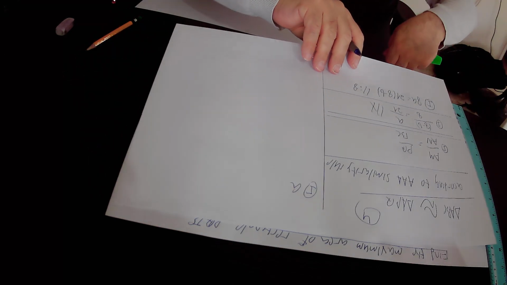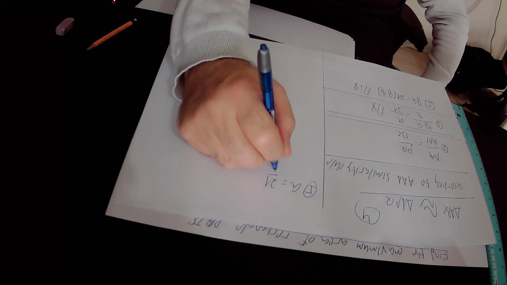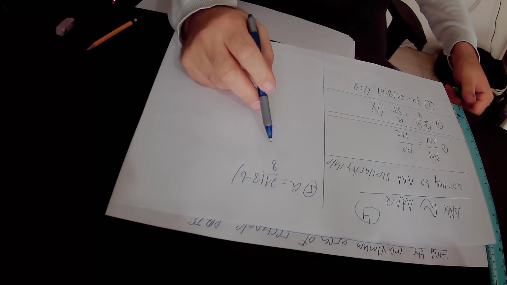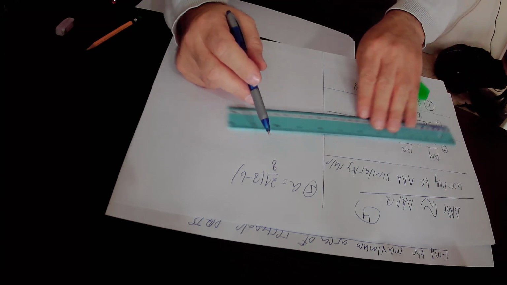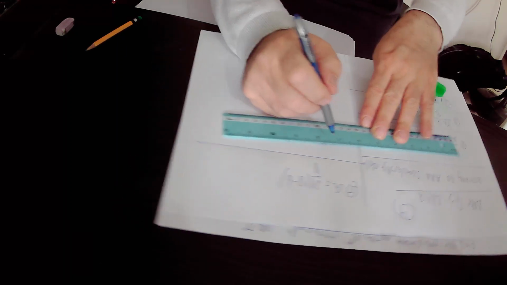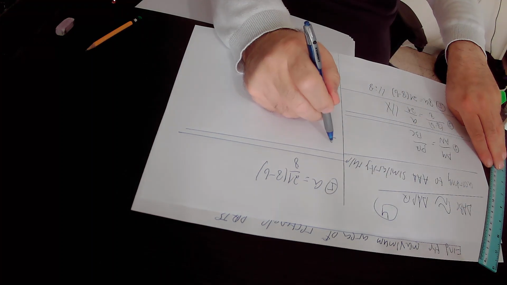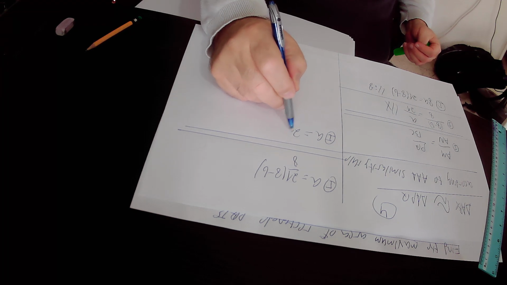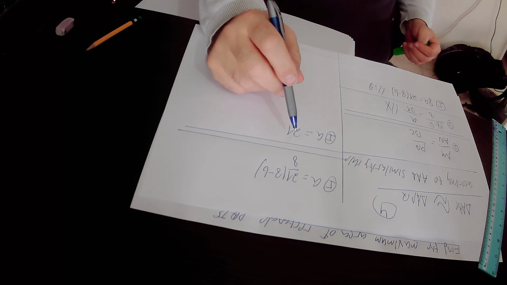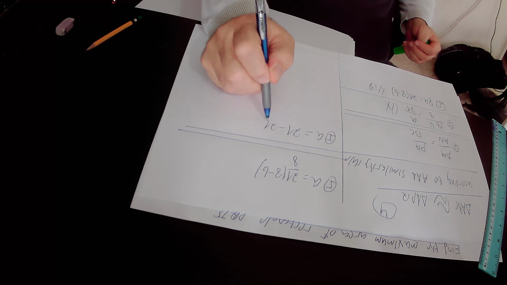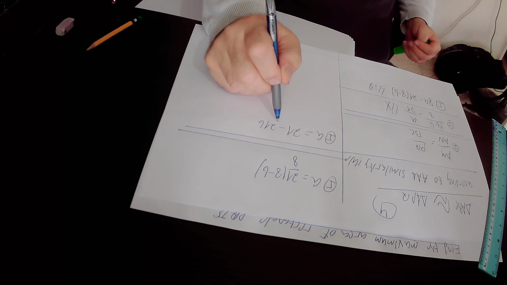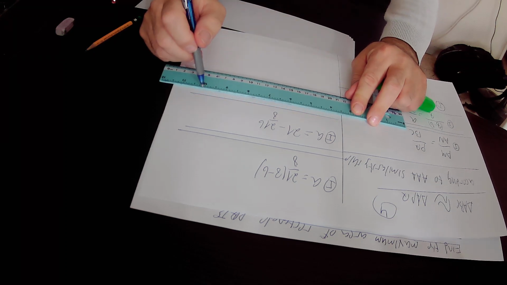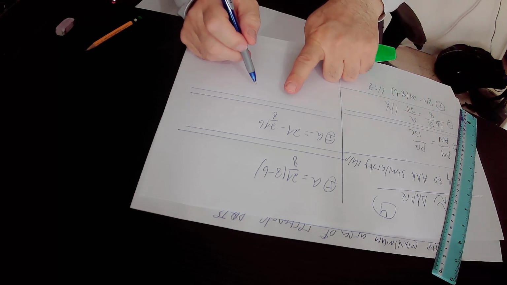So A equals 21 over 8 times 8 minus B. Here we open the brackets of this side of the equation, and we get that A equals 21 times 8 over 8, which is 21, and here we have 21 over 8 times minus B, which equals minus 21B over 8.